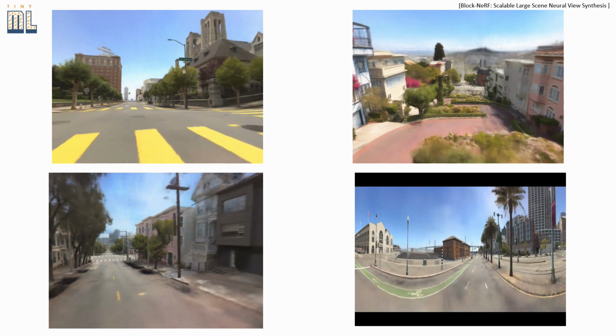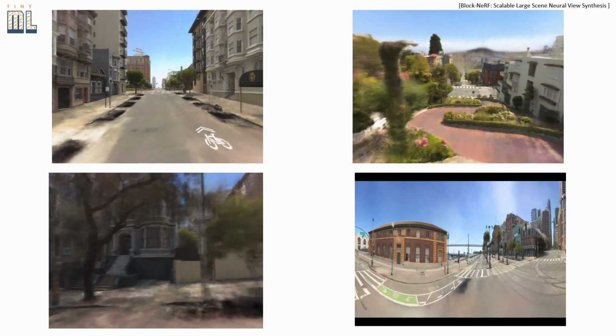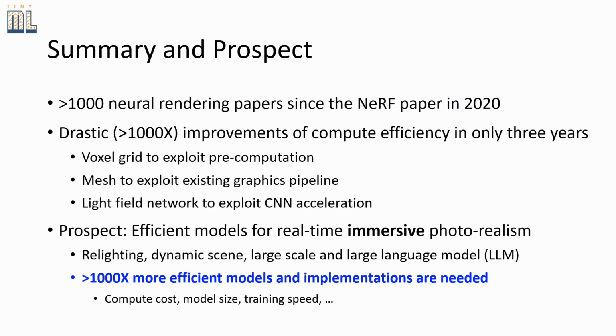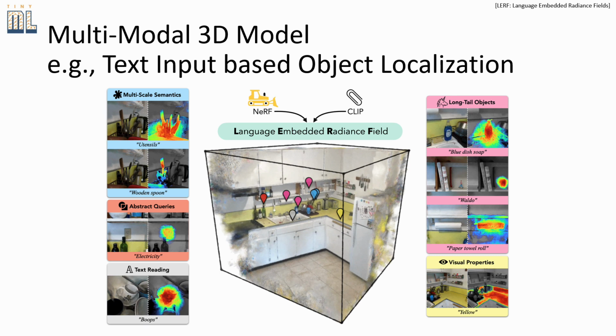And finally, multimodality. In this example, in addition to the typical 3D modeling that I explained, they also injected textual information into the 3D scene. Thanks to that, you can have new functionalities like text input-based object localization.